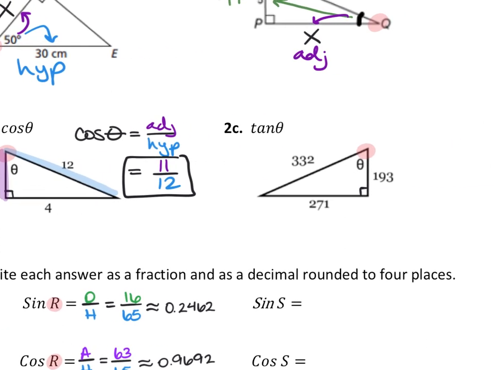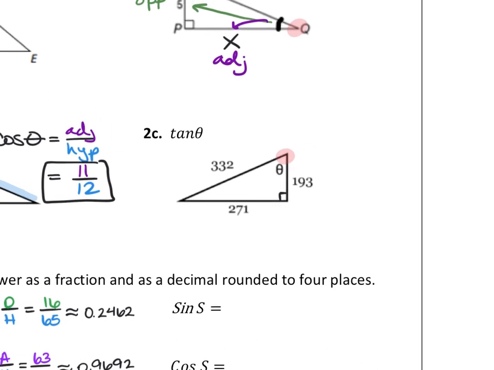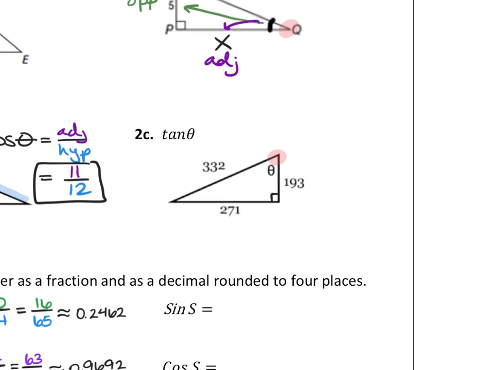Let's do one for tangent. Tangent of theta, what are the two things I'm putting in the ratio or fraction for tangent? Blank over blank. Opposite over adjacent. Okay, so I just look at the triangle and find the leg opposite to theta and the leg adjacent to theta.